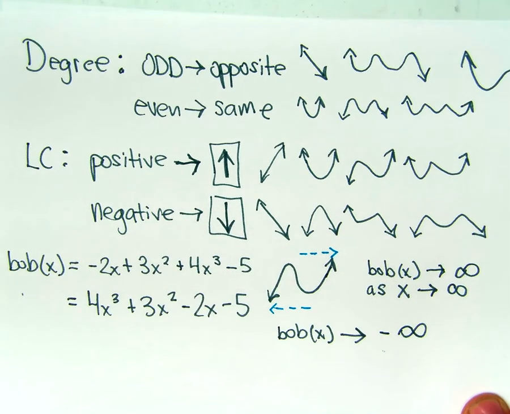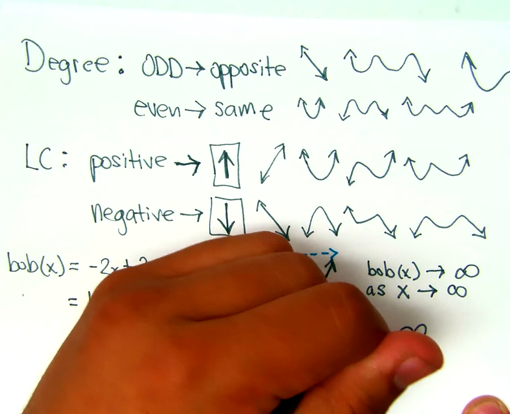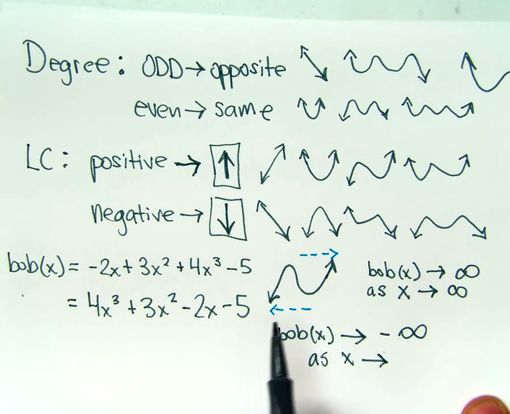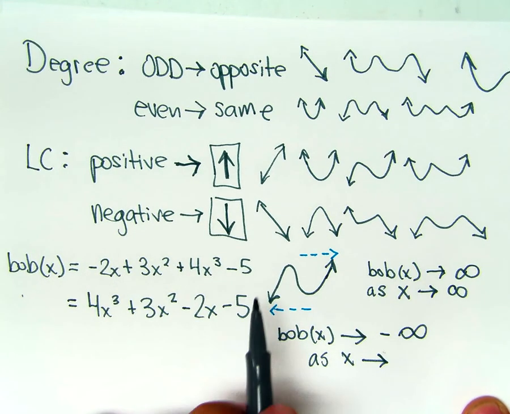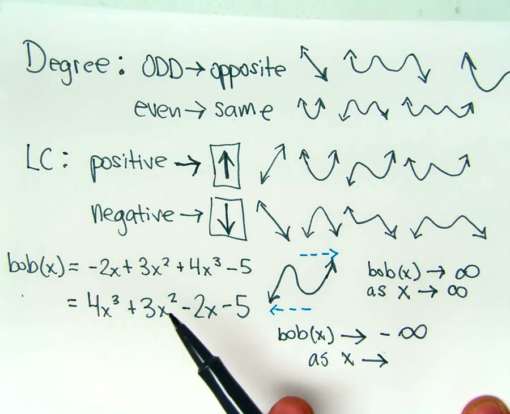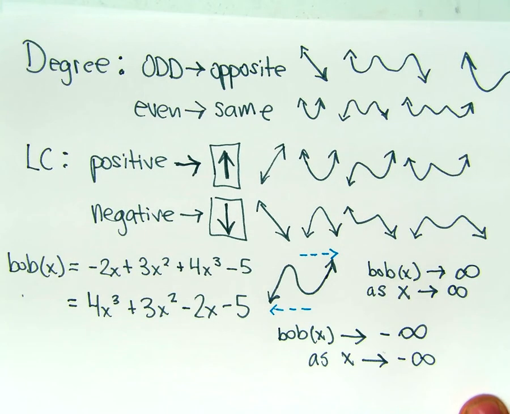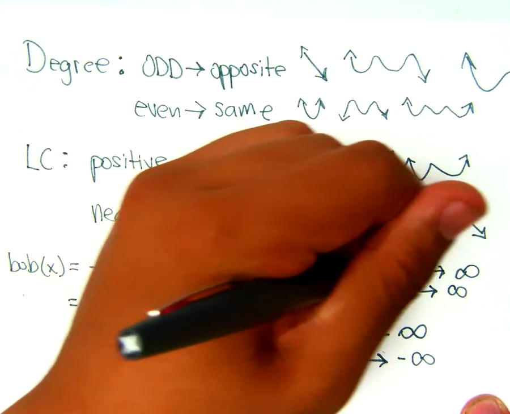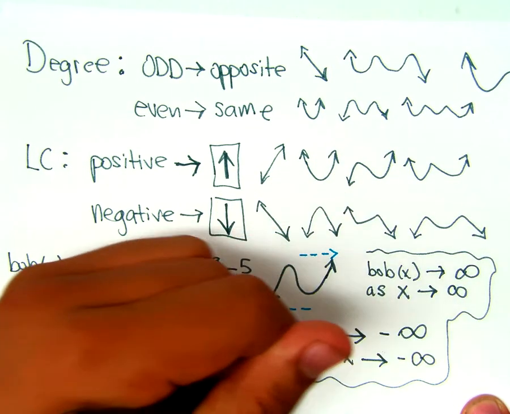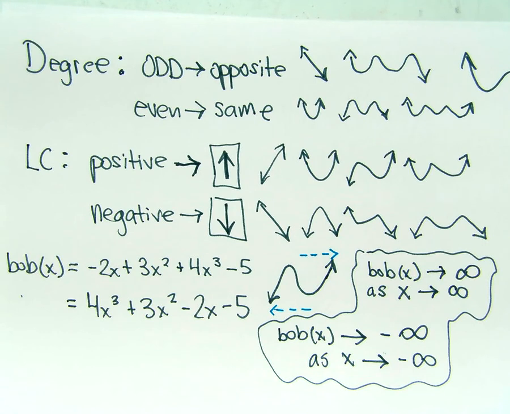And as x approaches, if we keep going left, we get negative numbers. So as x approaches negative infinity. And this right here is how we want to describe it. Does that make sense?